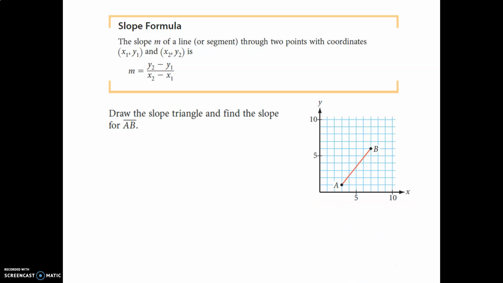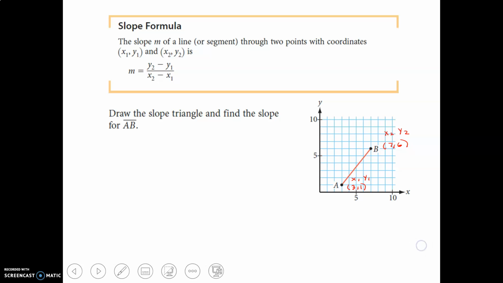Here's an example of this. This point A is at 3, 1, and to get to B, I'd have to go 7 and then up 6. So this could be my x sub 1, y sub 1, and this I could consider my x sub 2, y sub 2.